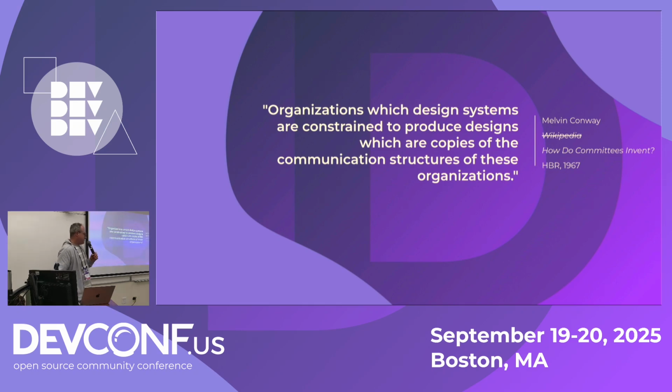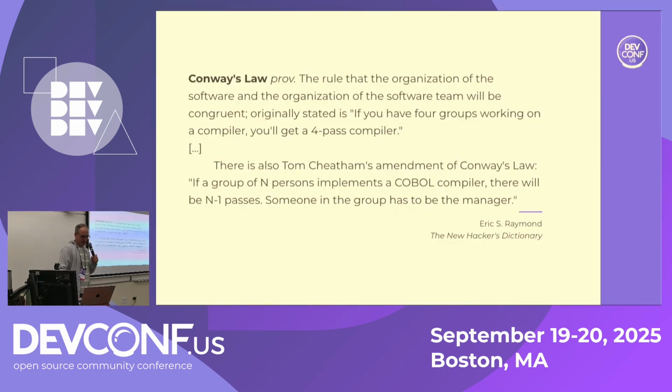To simplify, if you have a different team, you're going to get a different piece of software. Or as Eric Raymond says, Conway's law is the rule that the organization of the software team will be congruent. Originally stated, if you have 4 groups working on a compiler, you'll get a 4-pass compiler. As Tom Cheatham put it, if a group of N persons implements a COBOL compiler, there'll be N-1 passes. Someone in the group has to be the manager.